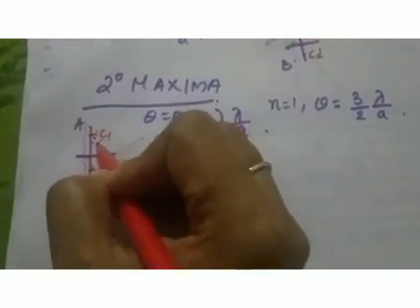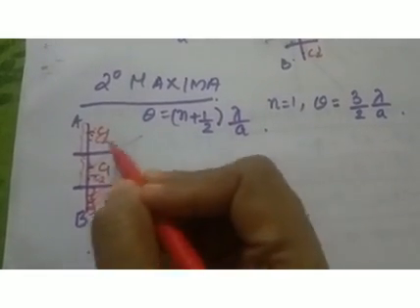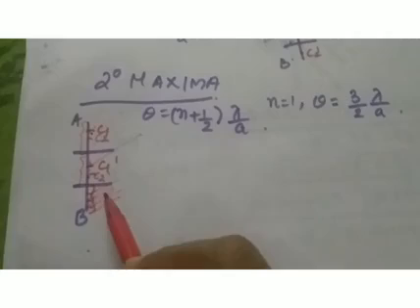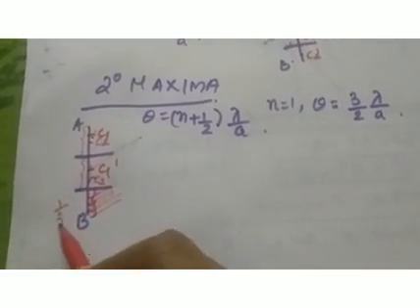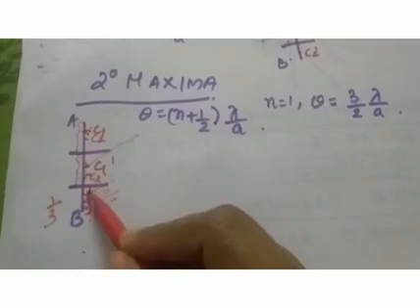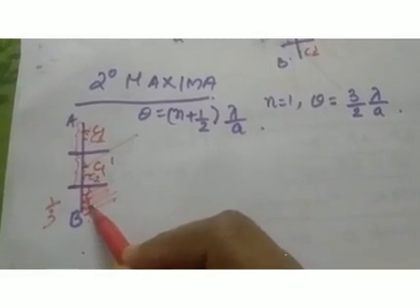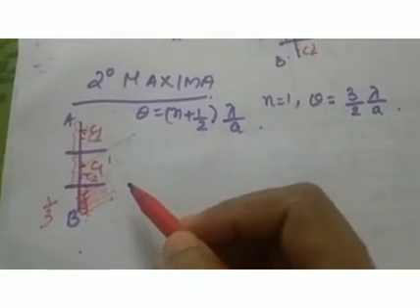See, if we consider another point C2 here, there will be a corresponding point C2 dash, and the contributions from C2 and C2 dash will be cancelled out because they are out of phase. But if we consider the lower part of the slit, that means this 1/3 of the slit, their contributions cannot be cancelled out because there are no pairs for the elements in this part of the slit to cancel their contributions.